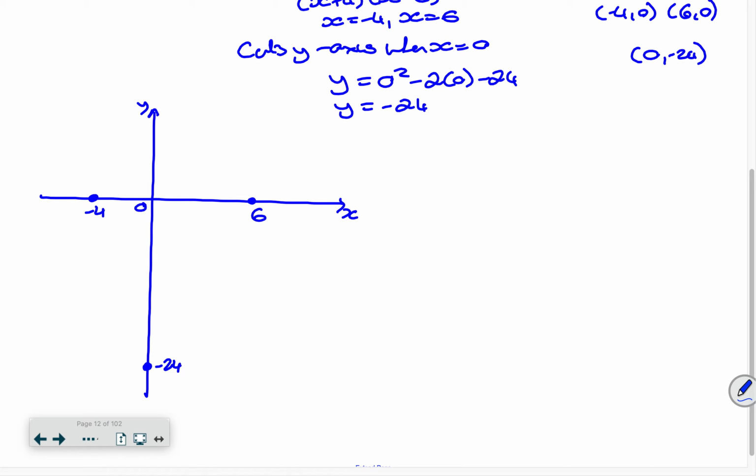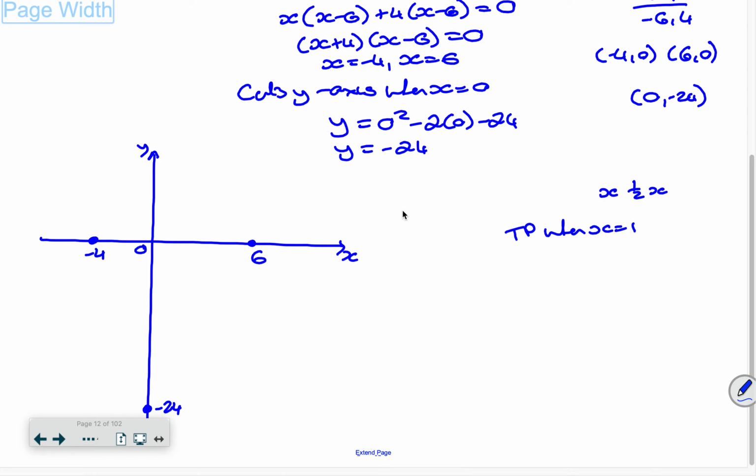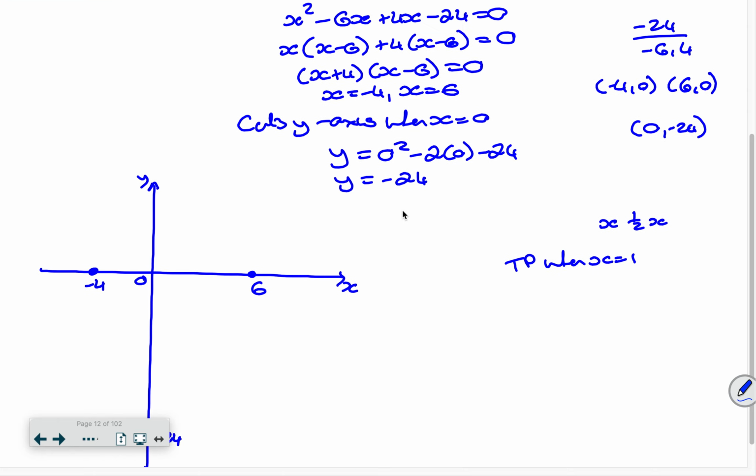Now we want to find the turning point. So remember, the turning point always happens halfway between the two x values. The number that's halfway between minus 4 and 6, well, that would be 1. So I can say turning point when x is equal to 1. So sub x is 1 into my original equation.